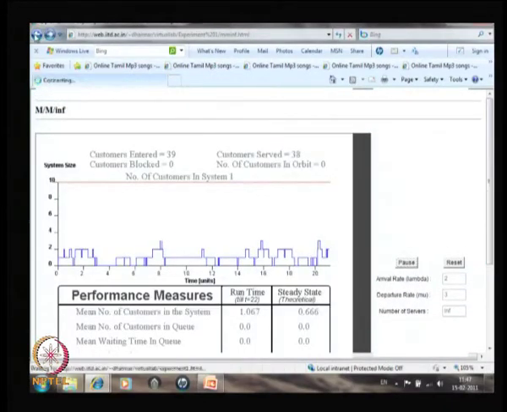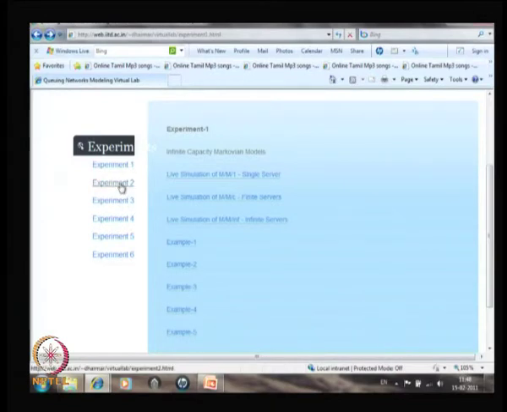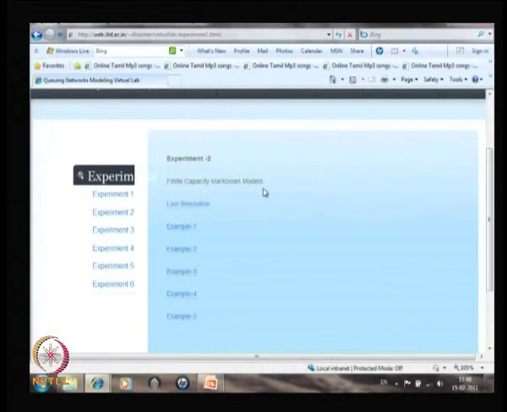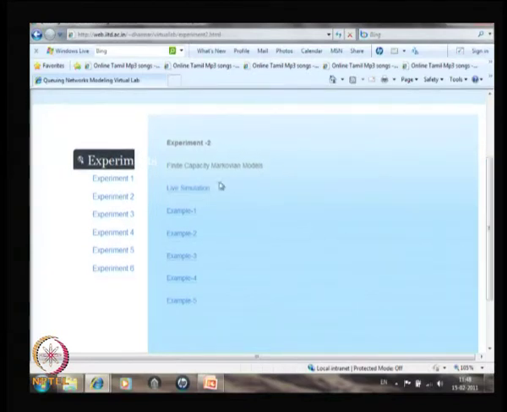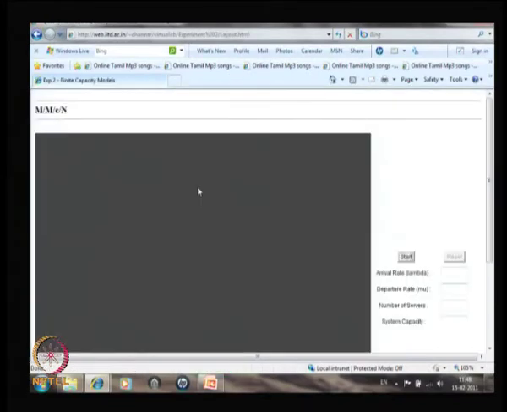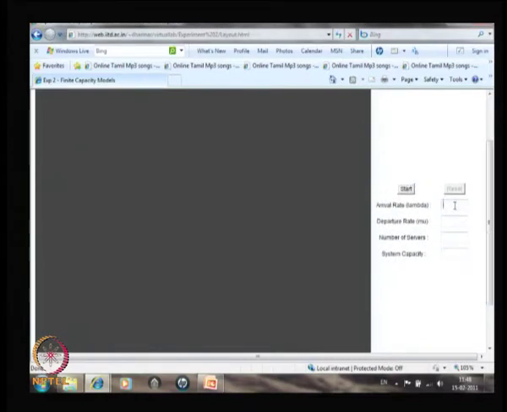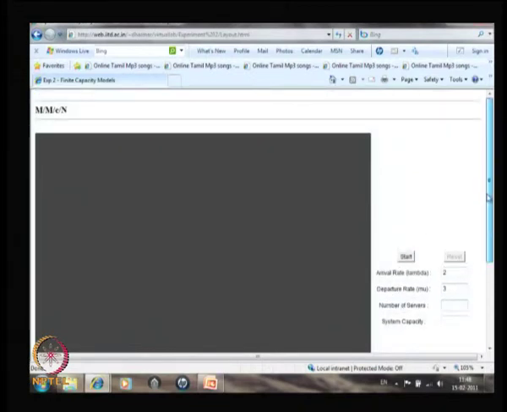Now, let me go to the next experiment, the second experiment, for the finite capacity queuing model, whereas the first experiment is the infinite capacity queuing model. In this we need to give the arrival rate, service rate, and the number of servers. You can go for the multi-server M/M/C/N model.